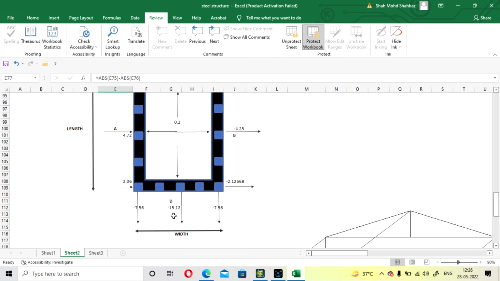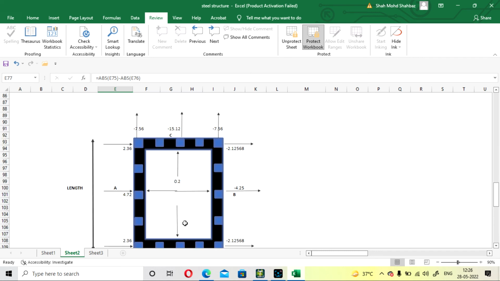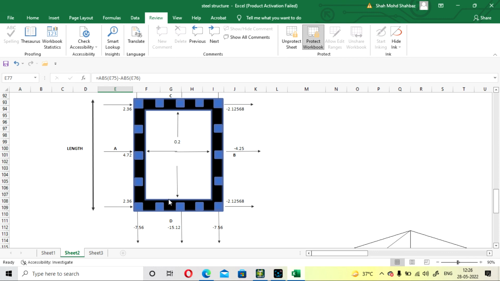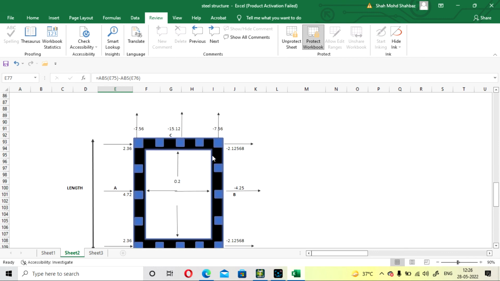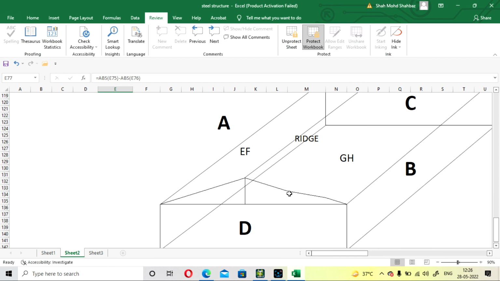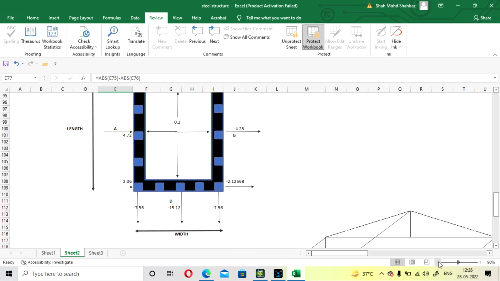Similarly here also it is the same, negative is away from the structure and positive is towards the structure. Okay, so this diagram is made to understand how the load direction will be used in the software also.